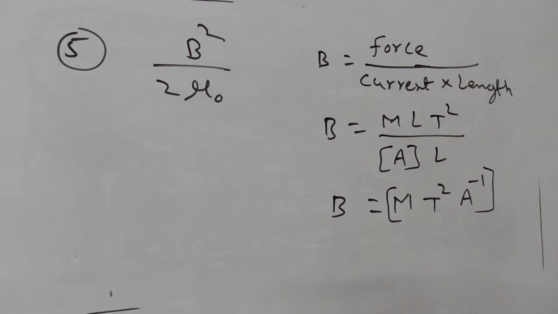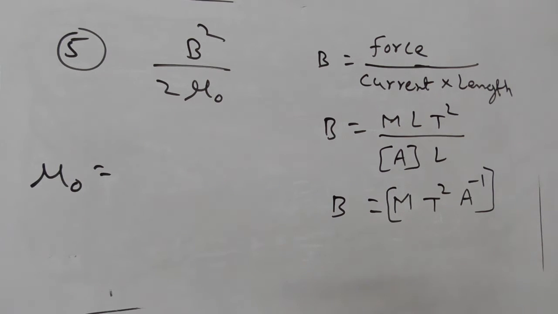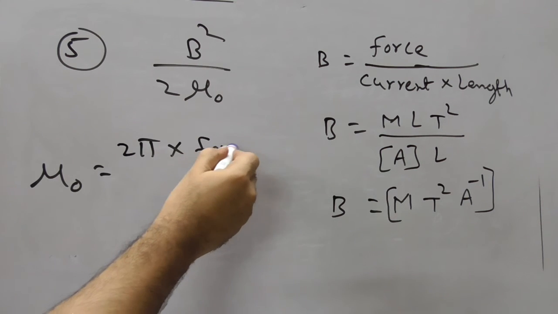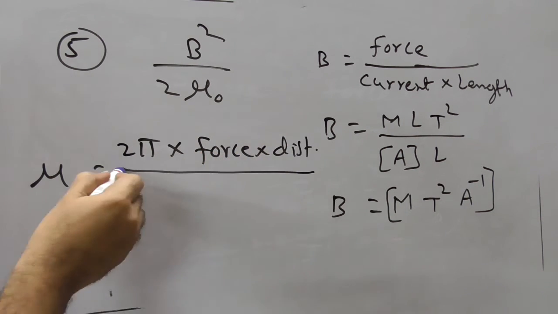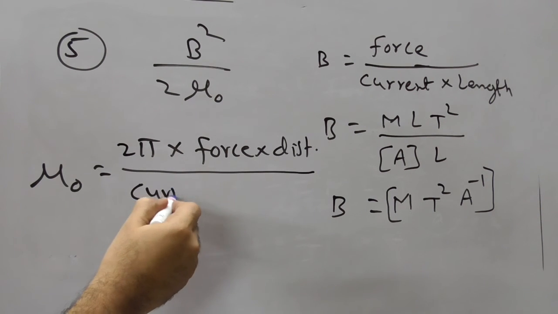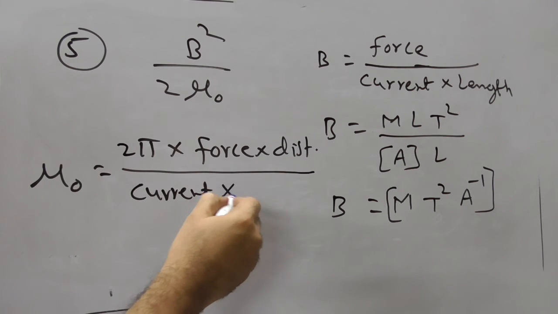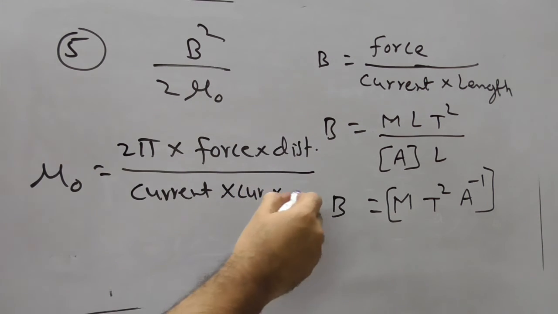Now, what is the dimension formula for mu naught? The magnetic permeability of free space is 2 pi into force into distance by current into current into length.